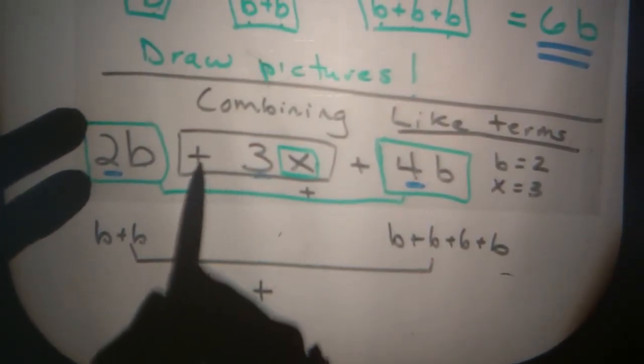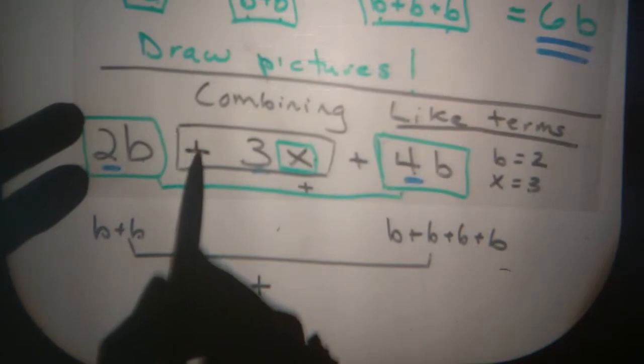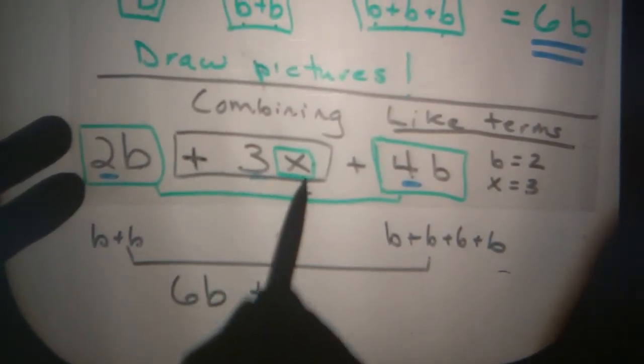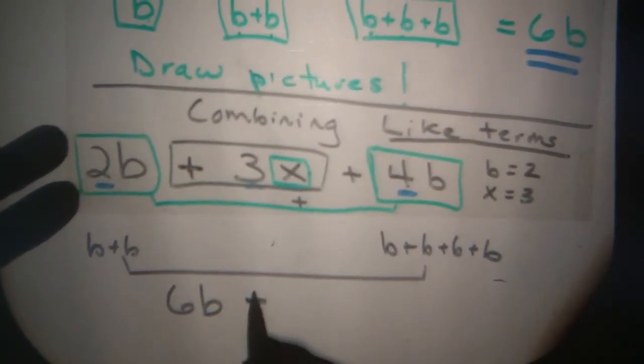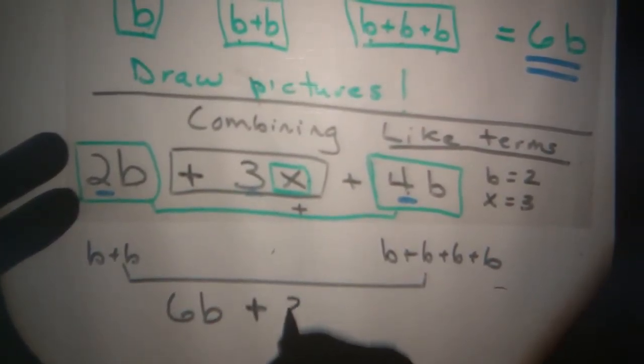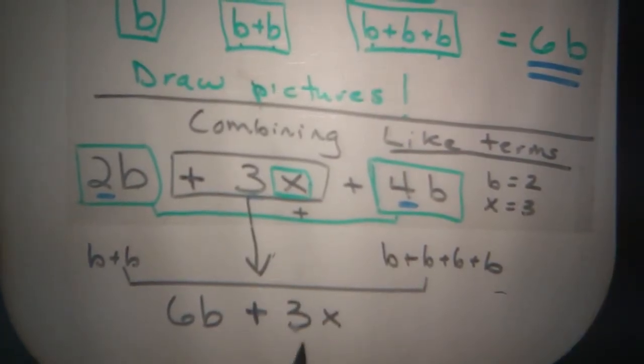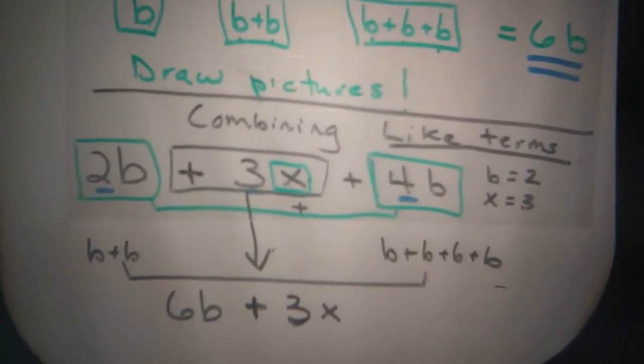I'm going to box this together because this addition symbol is also a positive symbol. This means a positive 3x. So I'll put my addition or my positive sign here and 3x. 3x just is brought down because there is nothing I'm combining it with. It's standing on its own at this point.